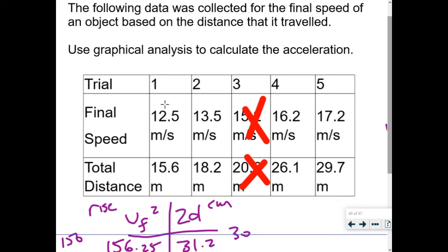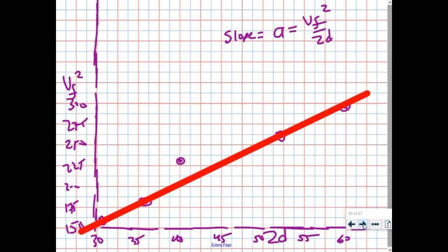So if you'd have said, Chris, I'll just add all these up and divide by 5, you've now included in your data set a point that I don't think we should have. Make sense? Do you see where there's value in graphing now? Right? And you could go 15.6 squared divided by 12.5 times 2, get an acceleration. You could do this 5 times over, but I think this gives a great visual.